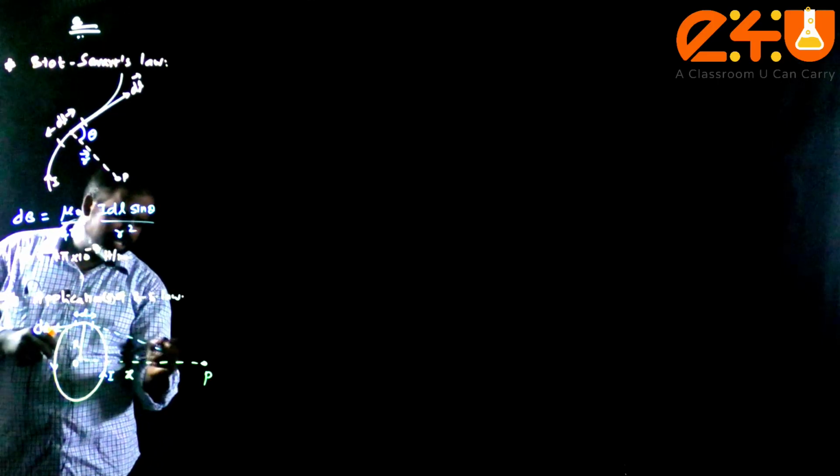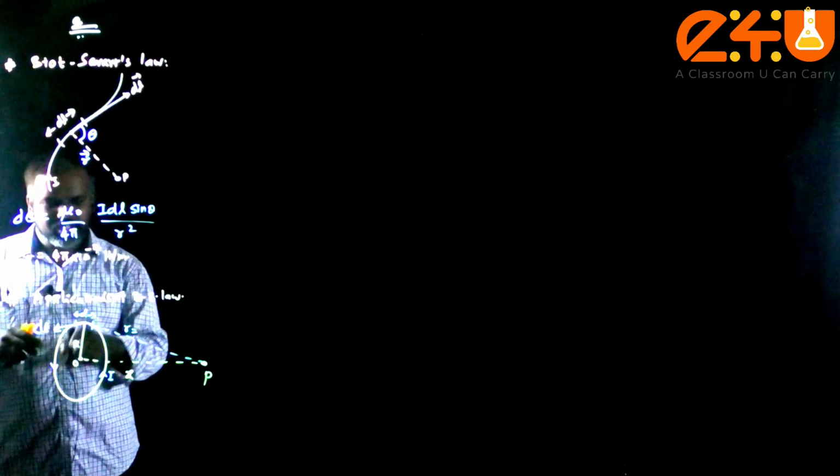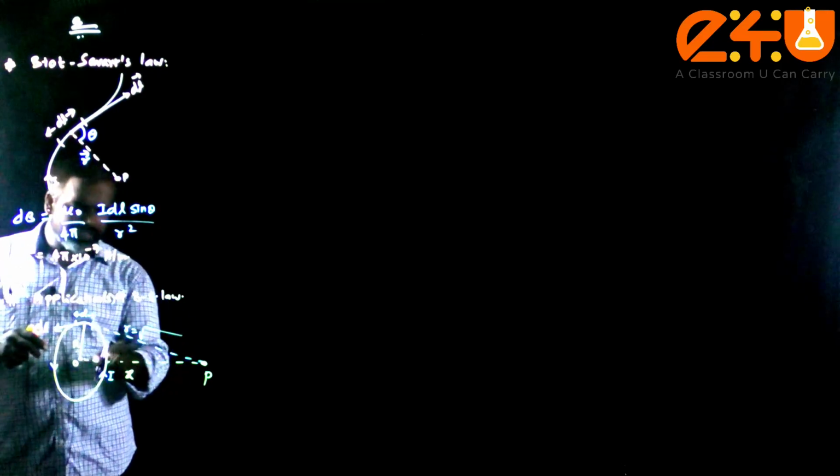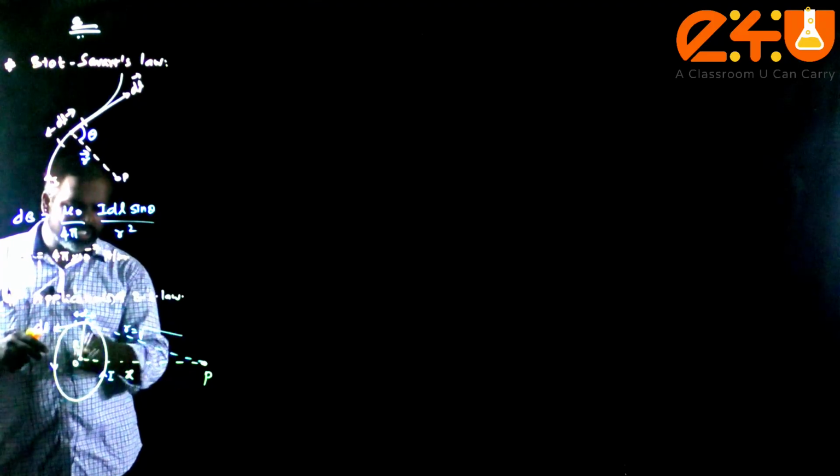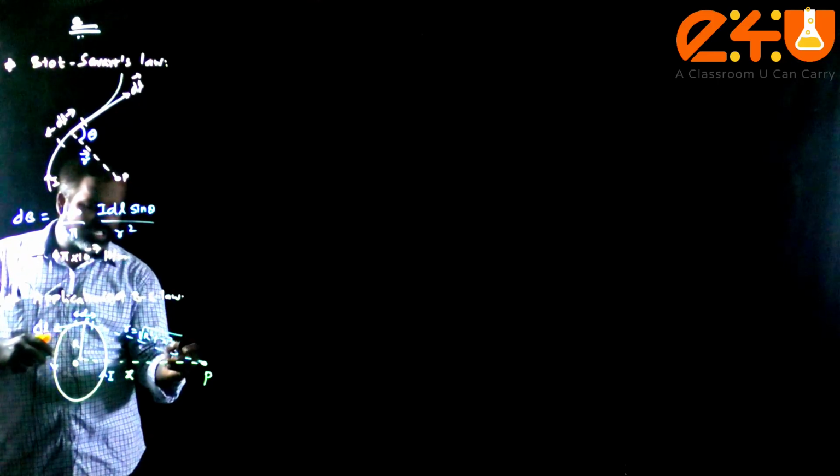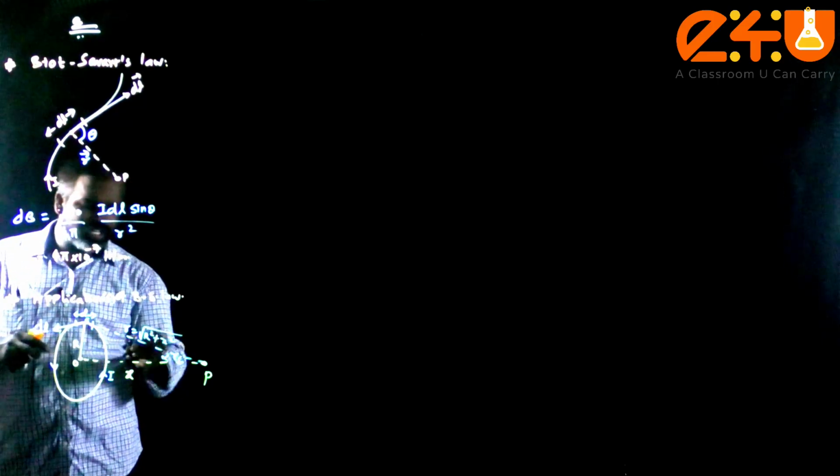So small r is the distance of the point P from this current element. Say this is some point C, then OPC is a right angle triangle, so we can use the Pythagoras theorem: r square plus x square. This angle is taken as some angle alpha.